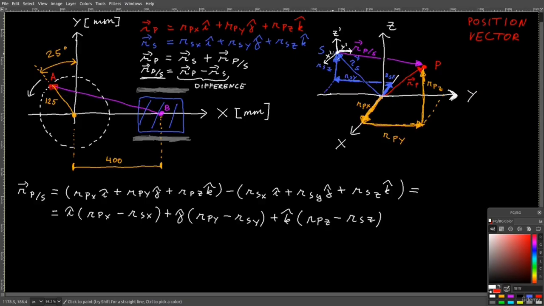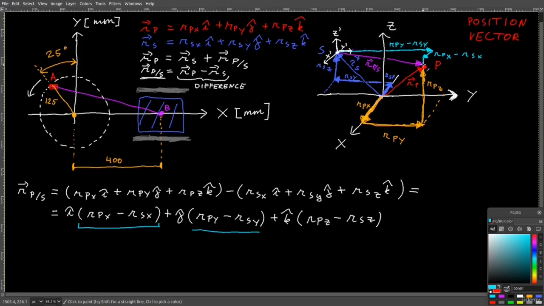And so from this new coordinate frame, we can construct this displacement vector like this. This component here, that's in the x' direction, and it's this one here, r_px minus r_sx. Then this component, that's in the y' direction, and it's this one here, r_py minus r_sy.